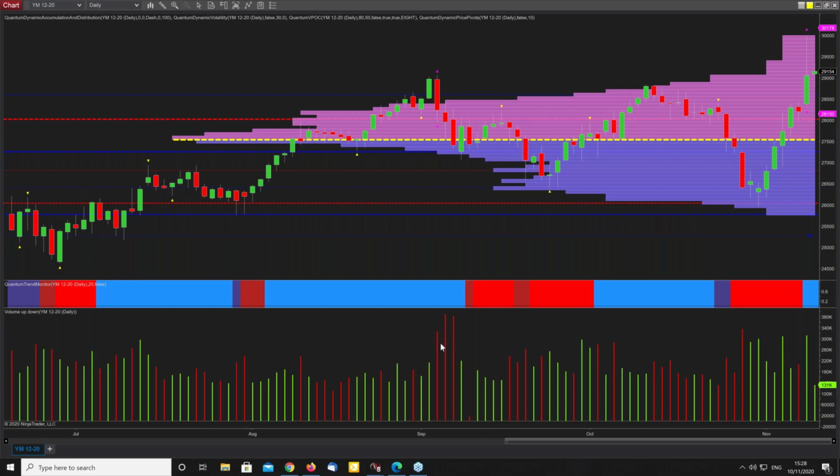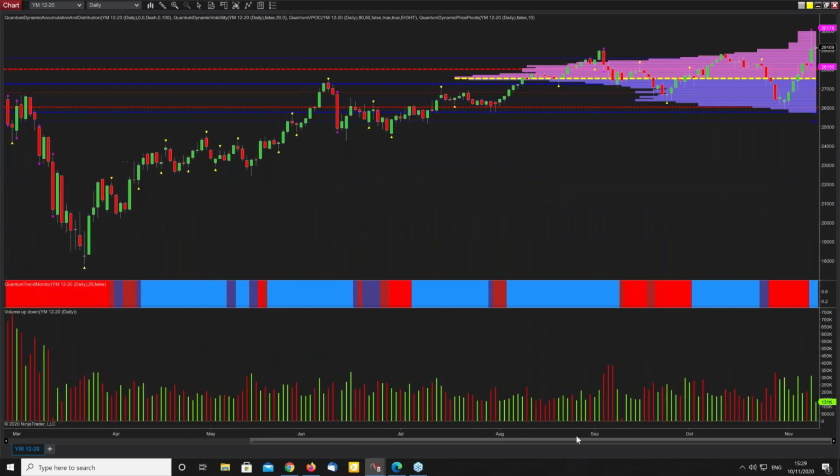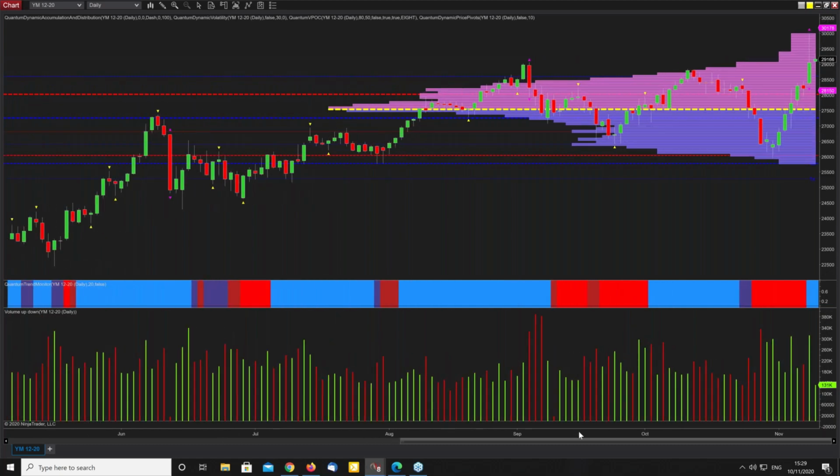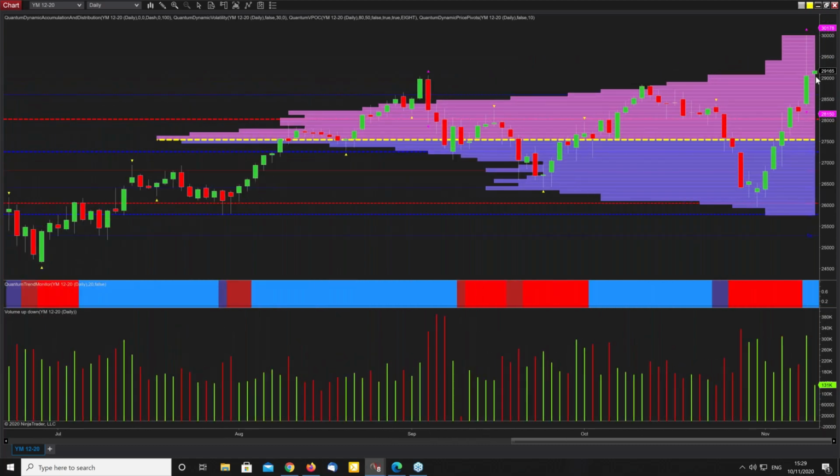You've got bigger down days here with more volume. So you've got an up day on relatively, let's use the word, modest volume. There is nothing across here that would suggest that that is extreme. In fact, if I pull this over, we've had bigger days over in March with the extreme volatility. So it just gives you an instant clue that this is not a genuine move.